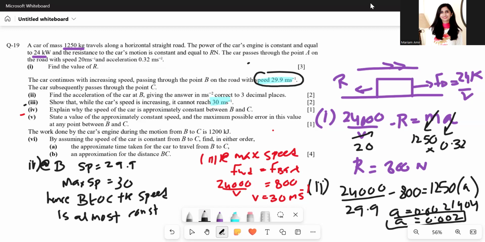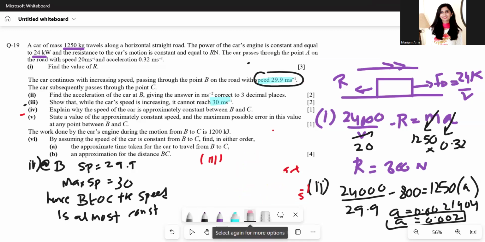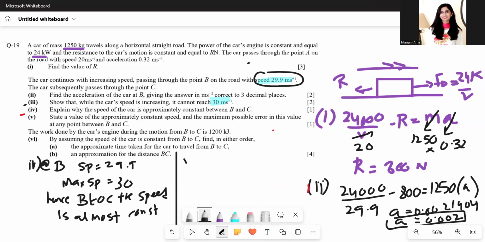Part 5 says state a value of approximately constant speed. Okay, so we're saying that the speed is approximately constant. What's going to be its value? Let's just find the average of 30 and 29.9. That would be the approximately constant speed.